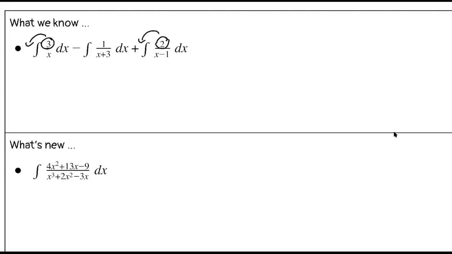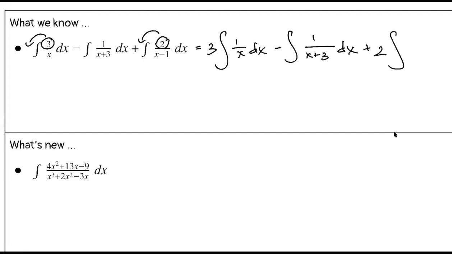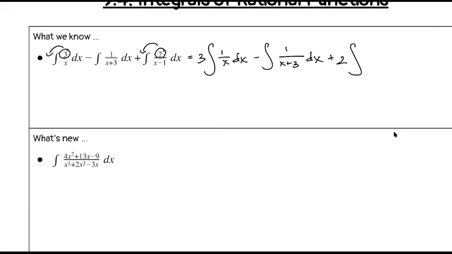So let's do that first and see what we get. 3 times the integral of 1 over x dx minus the integral of 1 over x plus 3 dx plus 2 times the integral of 1 over x minus 1 dx.